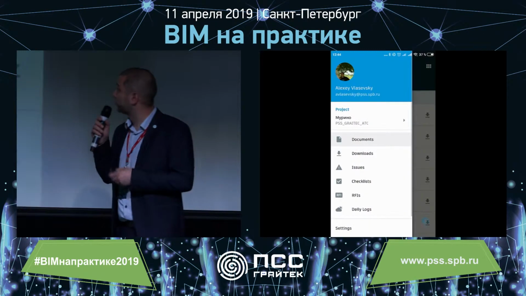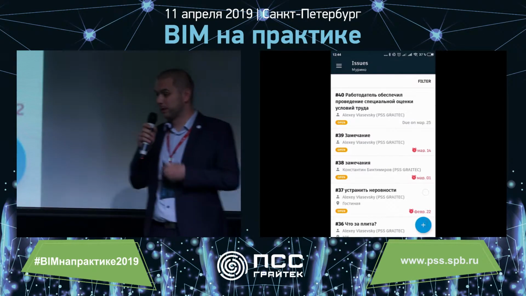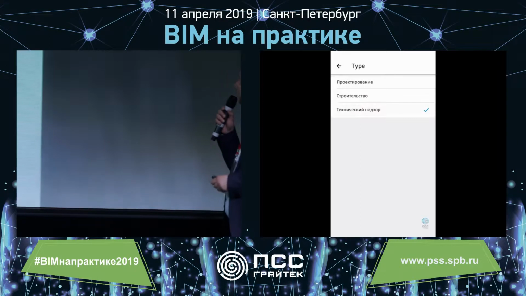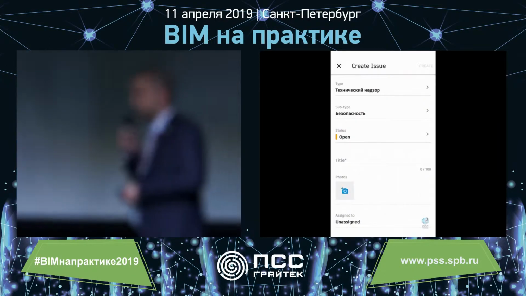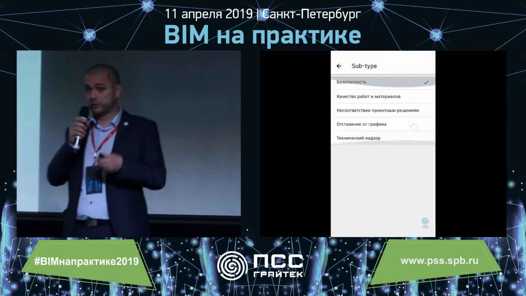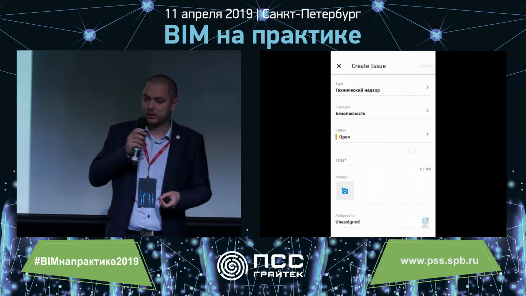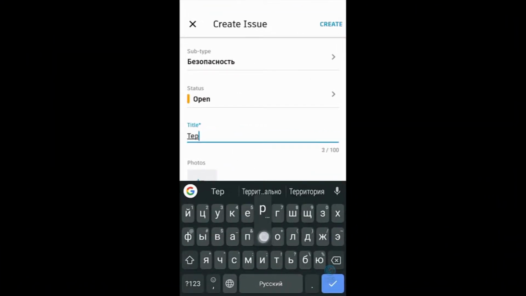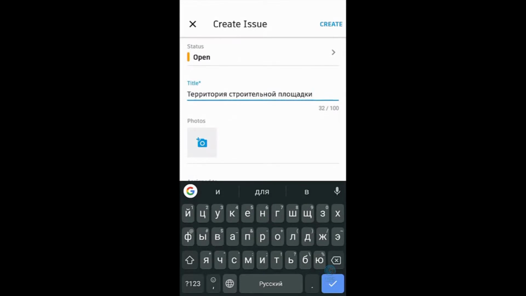I have a video. You can select in project structure a document, the document that we need. We have access to the full list of comments, then filter them by type, assign subtypes, what this comment regards, then assign a responsible person, set a deadline, and select an option how to solve this issue.